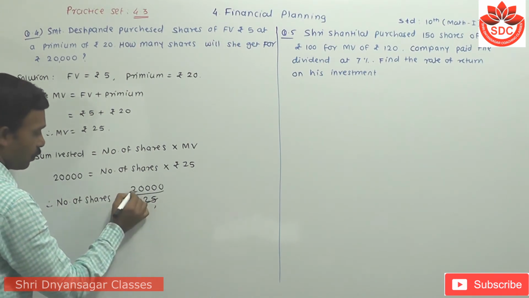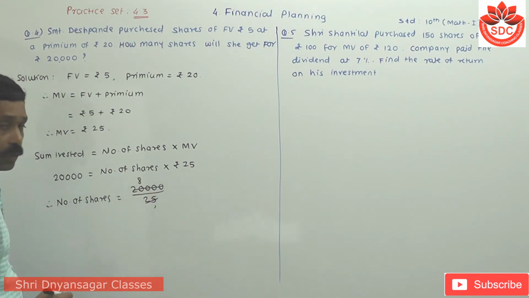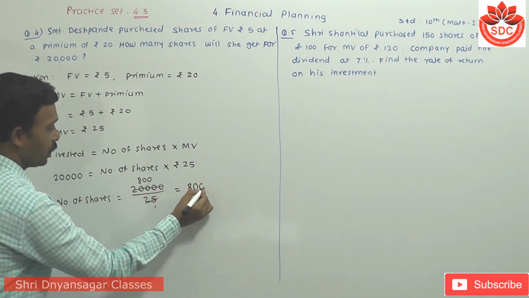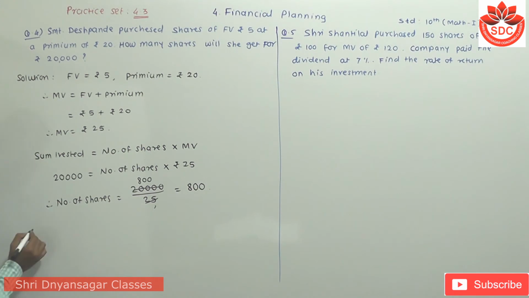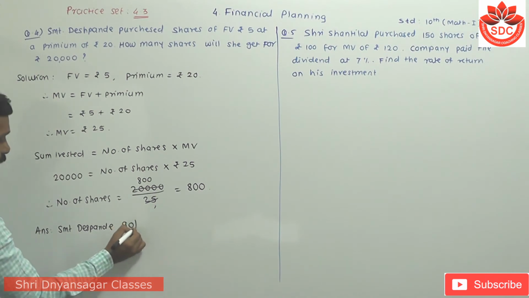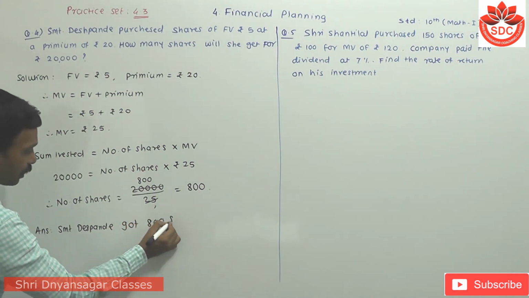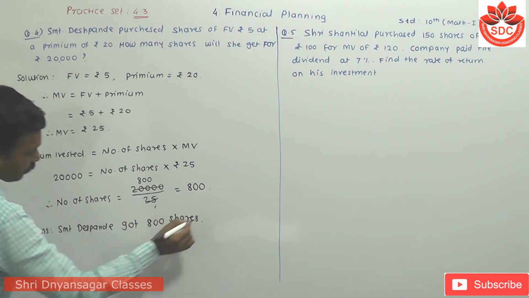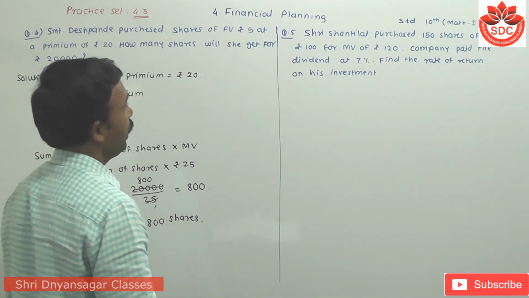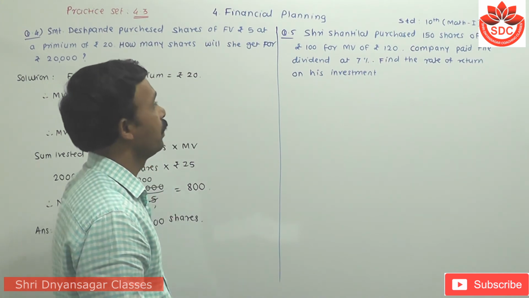Student, 25 1 is 25, 25 8 is 200 and this 0 as it is, meaning number of shares is 800. Therefore the answer in full sentence: Srimati Deshpande got 800 shares.